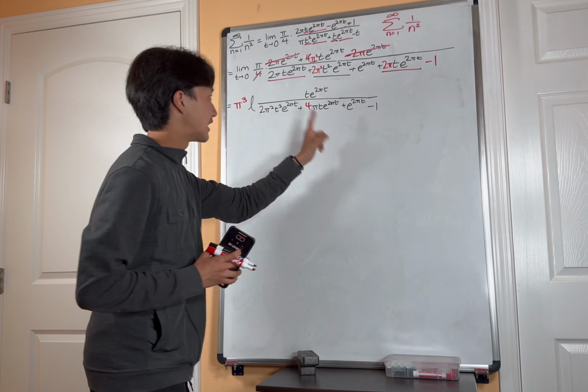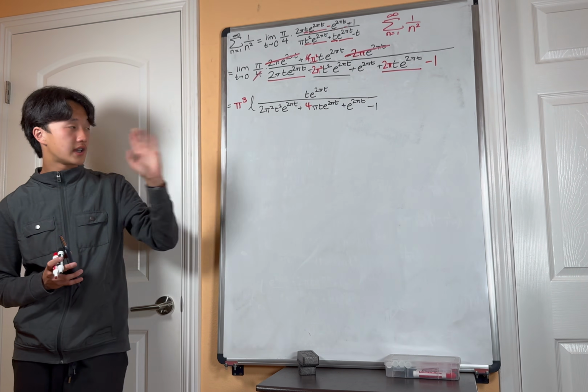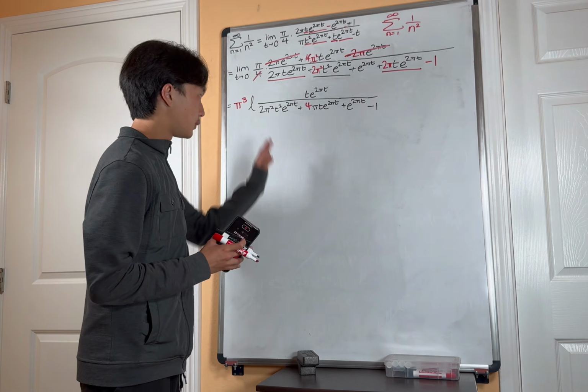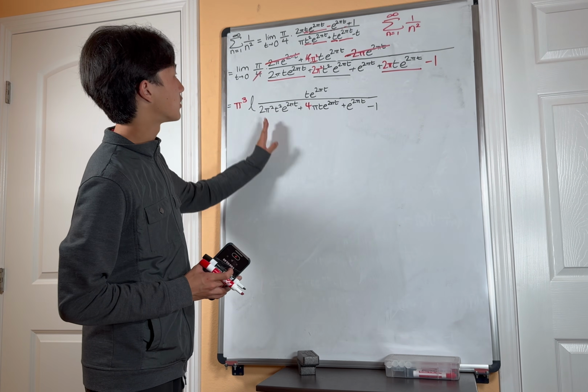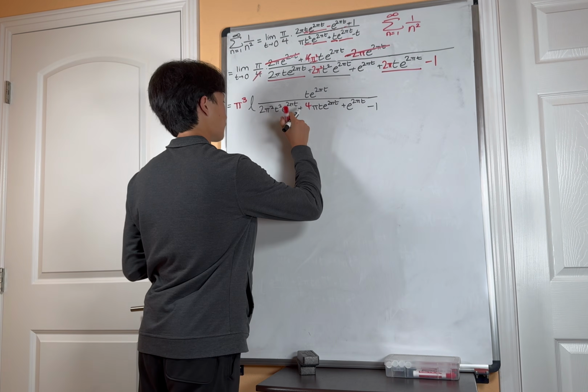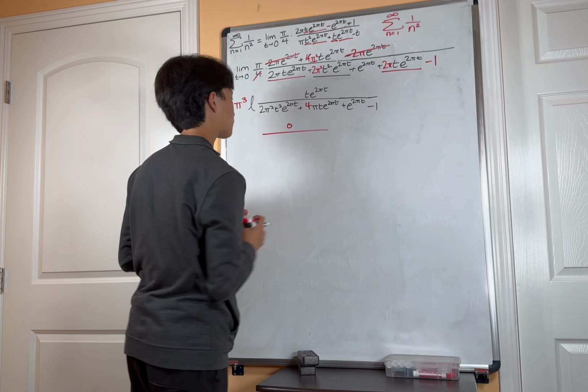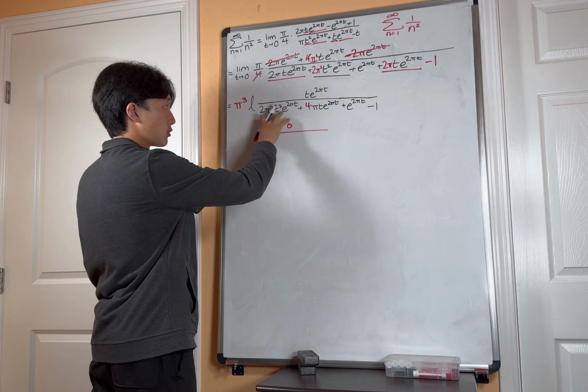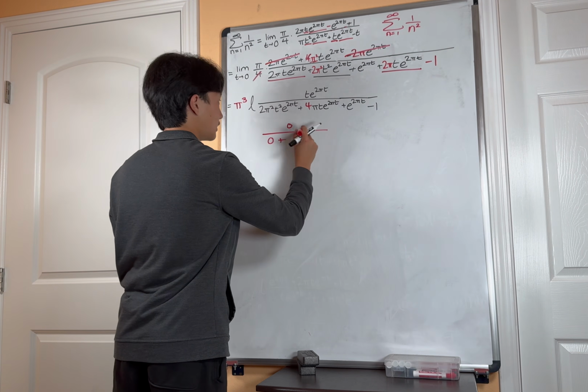So if everything is simplified down again, we can't do any more simplification. If we plug in 0 for t, however, we notice that the top gives us 0, unfortunately. This first term down here, 0 times anything is just 0.